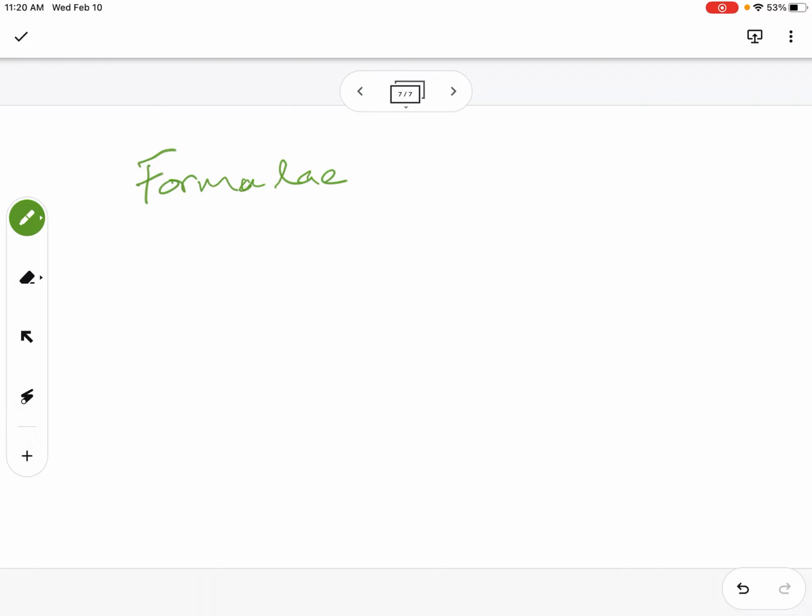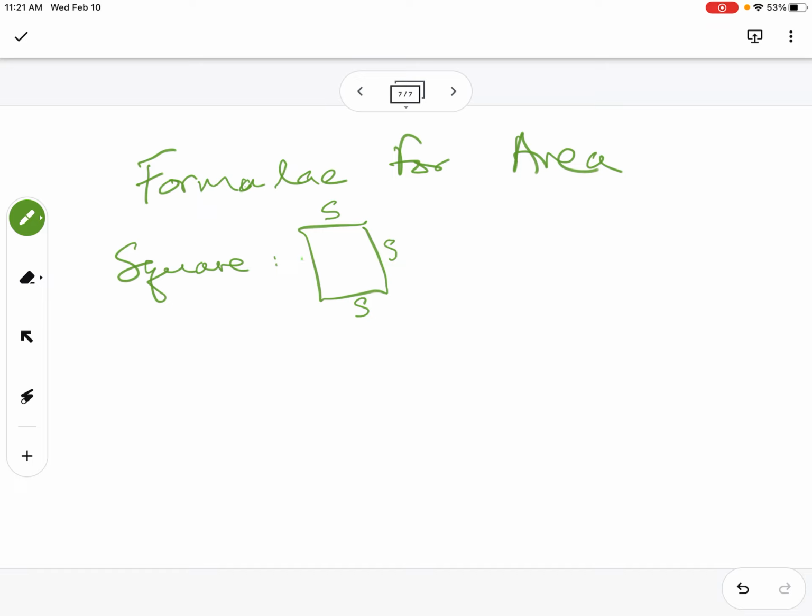I'm going to use formulae for area. For perimeter, the formula depended on the shape that we were talking about. So we started with squares with perimeter. For a square, we know all the sides are the same. This side is the same as that, is the same as that, is the same as that. From all the examples we found, we said, okay, so how many feet do I have in the top row?